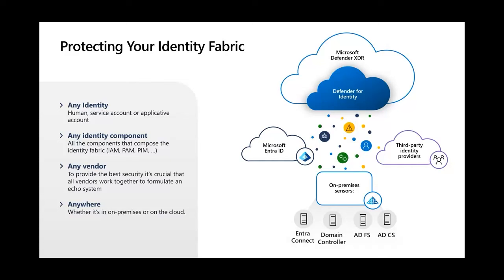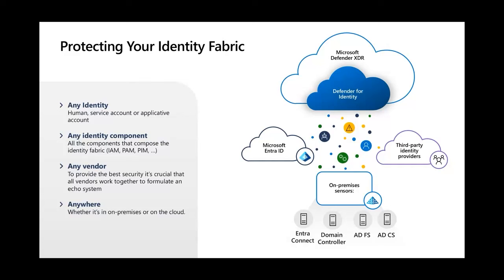We'll talk a little bit about those in the posture and in the detection session tomorrow as well. And we've just released into private or public preview, I'm not sure, the Entra Connect sensor also. So if you're on our CCP community, you can sign up to CCP, and there's some context around the Entra Connect sensor there as well.